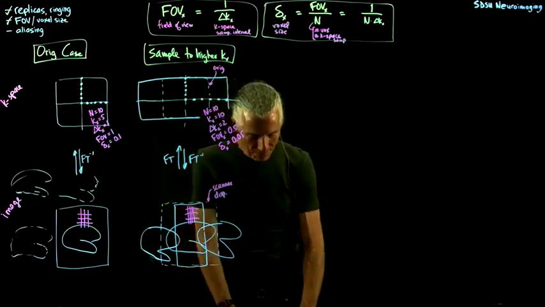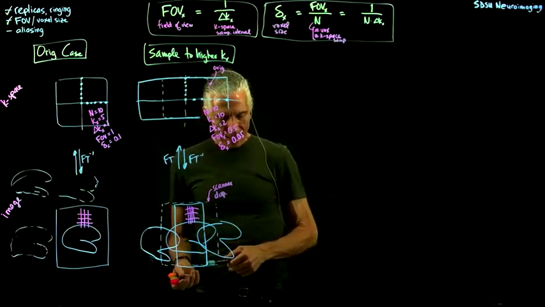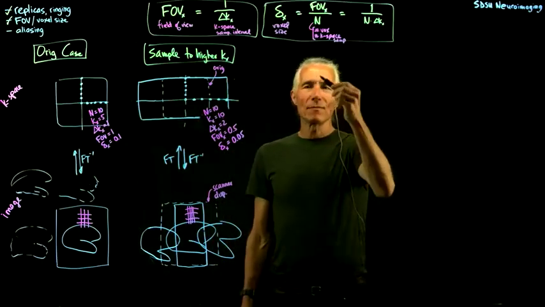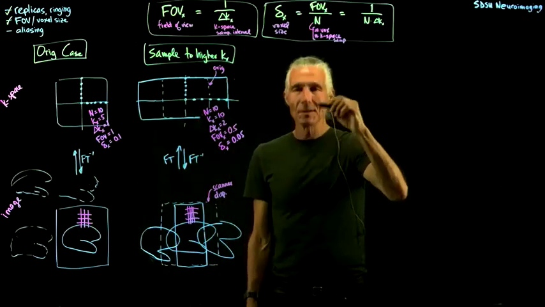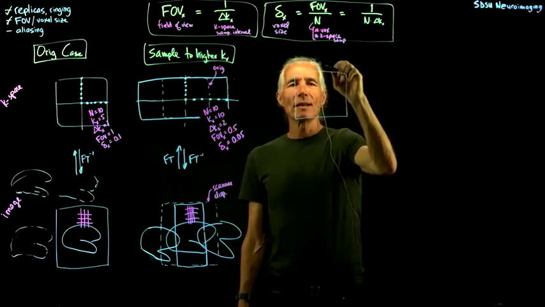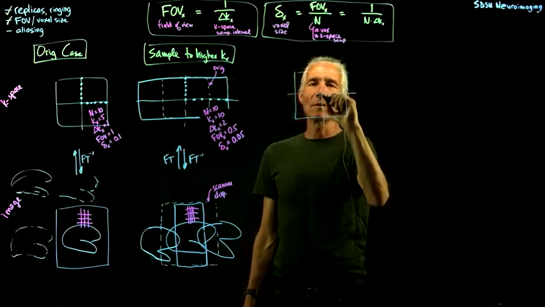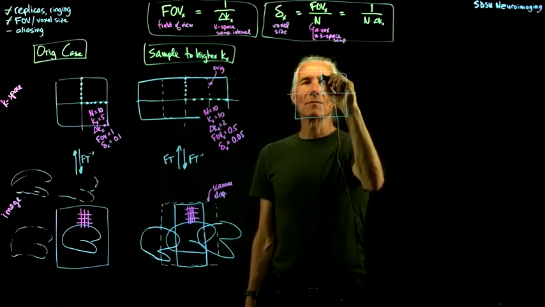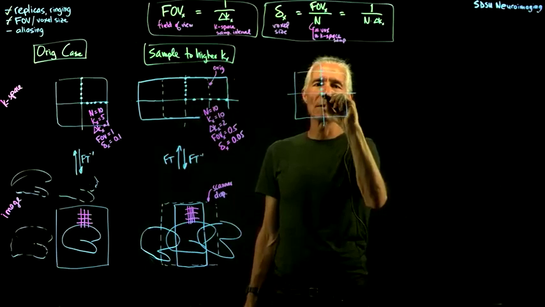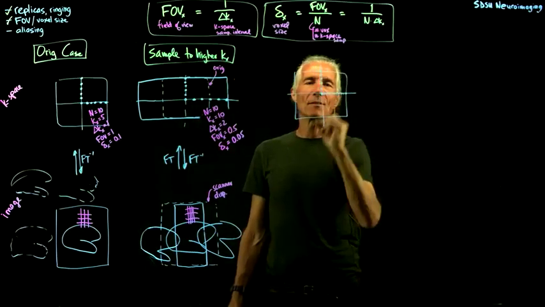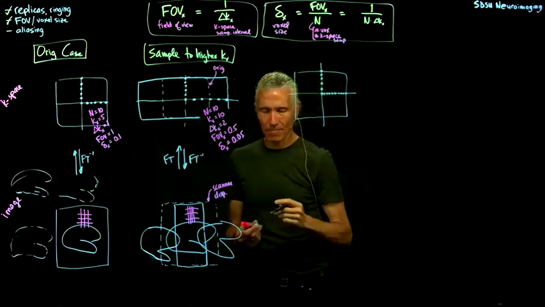So what if we just sampled more finely? We'll finally work ourselves up to something that's actually useful. Now if we sample more finely, but sample the same range of spatial frequencies as we did before, here in the x direction, 1, 2, 3, 4, 5 as before, but now we've got 1, 2, 3, 4, 5, 6, 7, 8, 9, 10. So we'll sample more finely in the x direction.